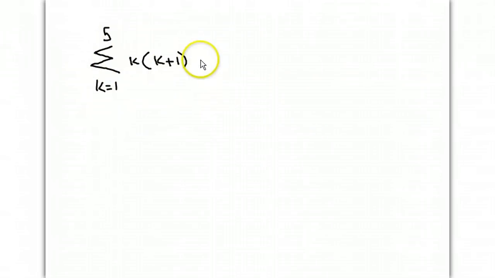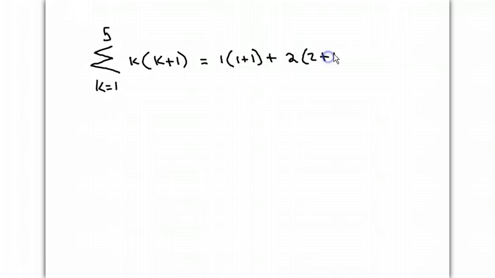So when you plug it in, when k is 1, you have 1 times parentheses 1 plus 1. Then when k is 2, 2, parentheses, 2 plus 1, because you're replacing the k's with a 1, 2, 3, 4, and a 5. So the next one will be when k is 3, which is 3, open parentheses, 3 plus 1.